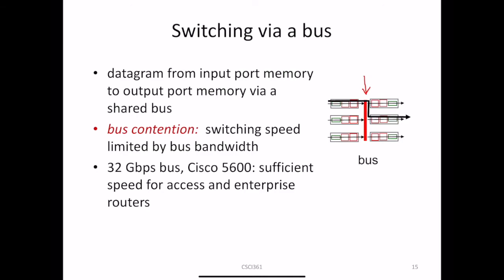However, the advantage of bus switching is that each input port has a copy of the local forwarding table. So that means each packet at the input port can check the output link locally, and then just use the shared bus to forward the packets to the output port.